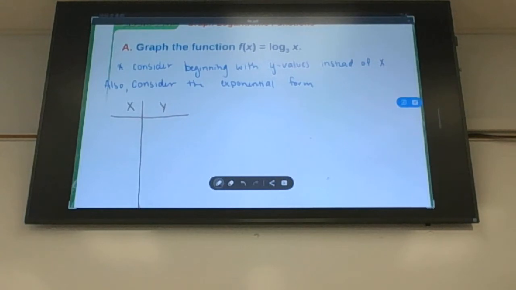This isn't the only strategy, but instead of giving x, go ahead and give y.